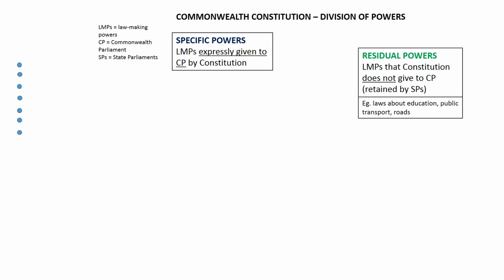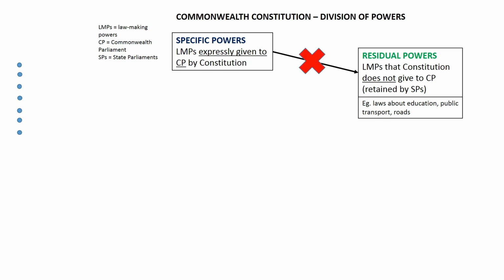They make laws about education, so our schools, public transport, the trams, the buses, the trains, and roads. And the reason that these are matters that fall within the residual powers is that the Commonwealth Constitution does not give the power to make laws about education, public transport, roads, and so on to the Commonwealth Parliament. That is, these are powers that are left with the state parliaments.